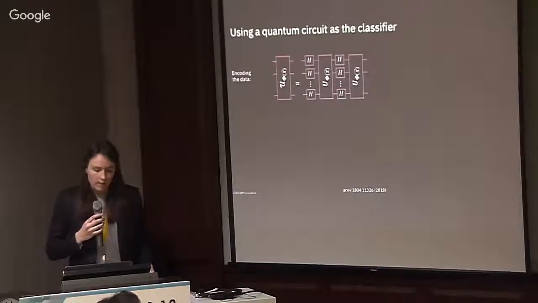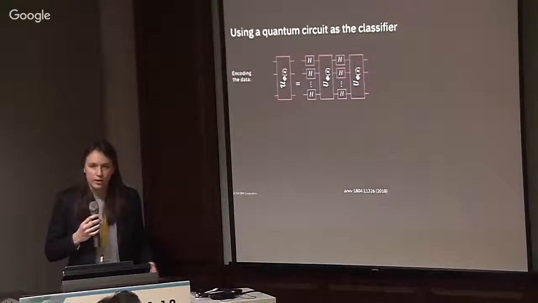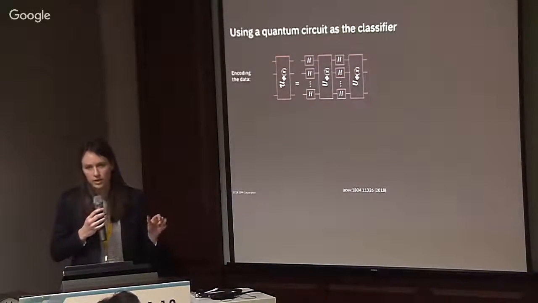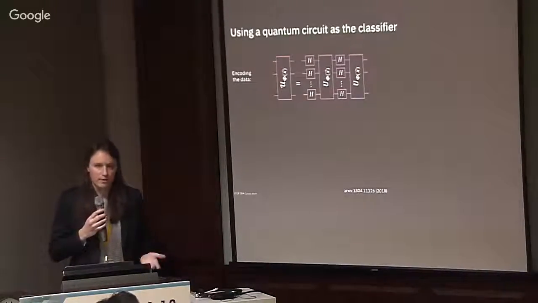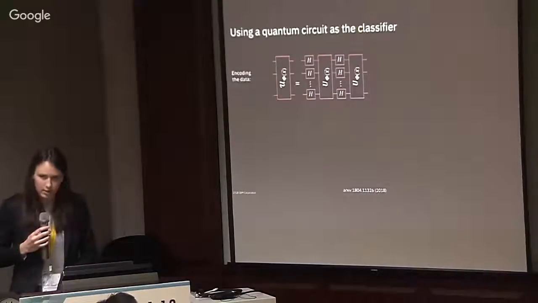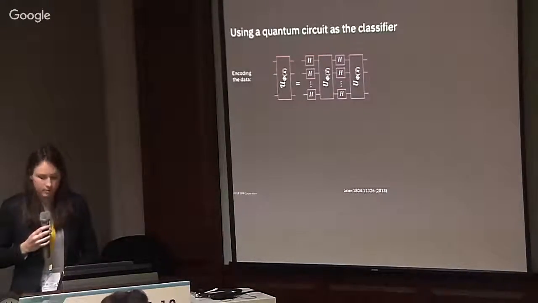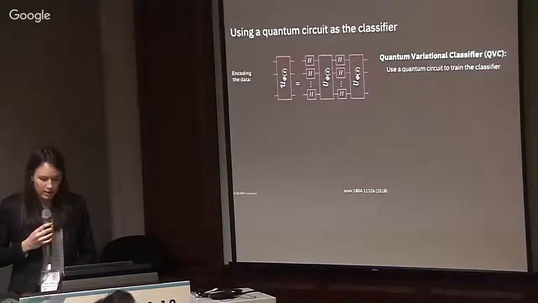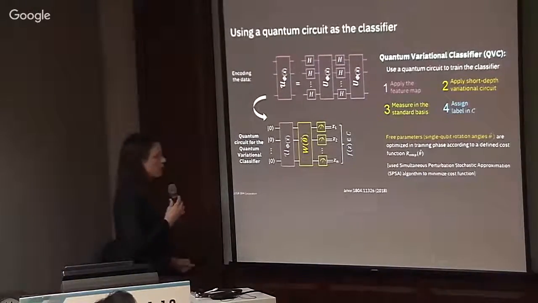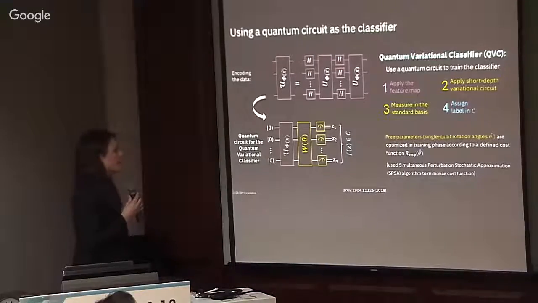We build a quantum circuit that has free parameters in it that we want to tune such that we minimize some cost function, which in this case is training error. In the case of chemistry, the cost function is the total energy. But the idea is very much the same. So this is called the quantum variational classifier.